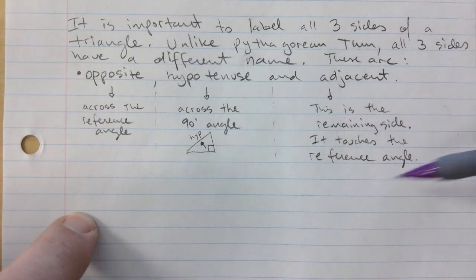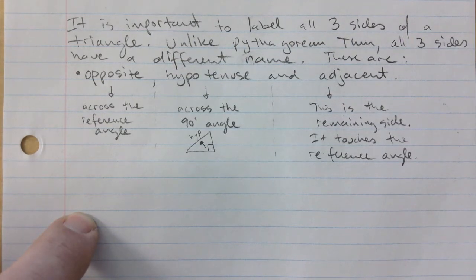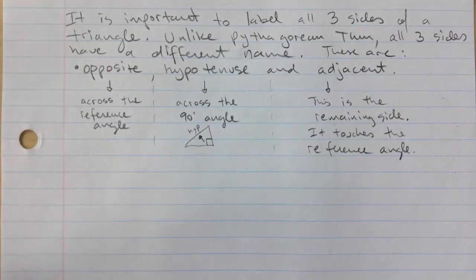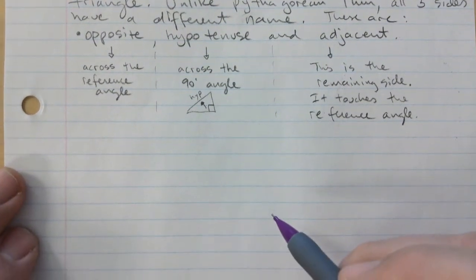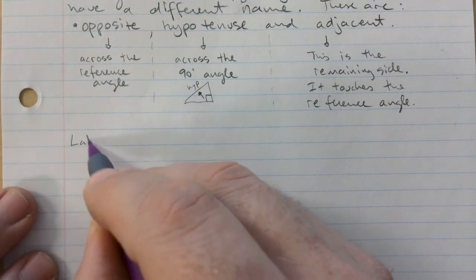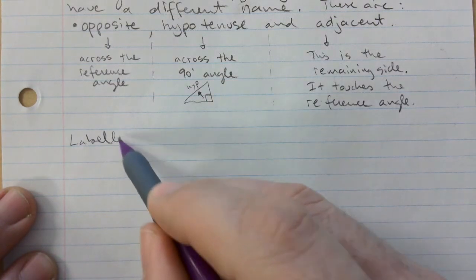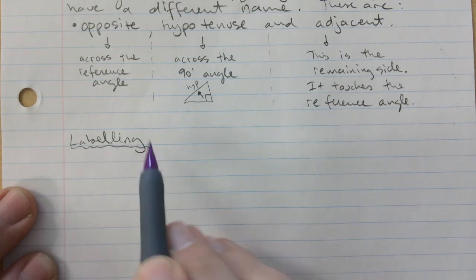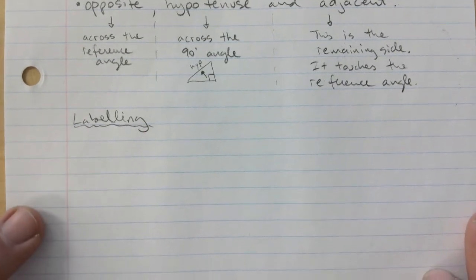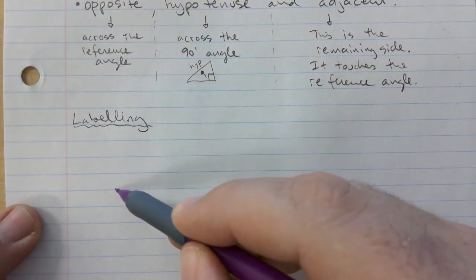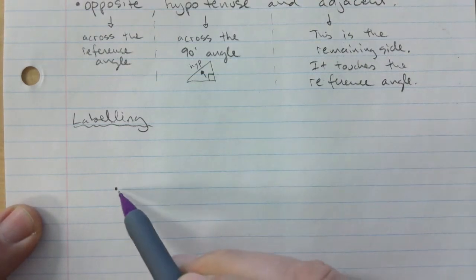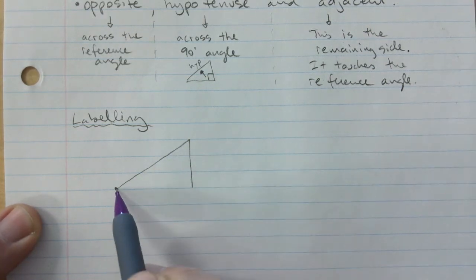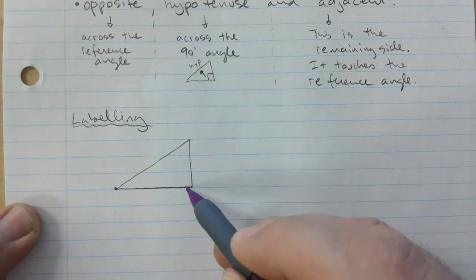So this is how you recognize where the sides go. How do I label? It's important to know how to label. So let's just start with a triangle. We go horizontal, then straight up vertical, and there's your 90.